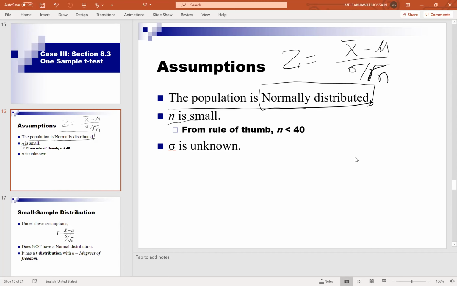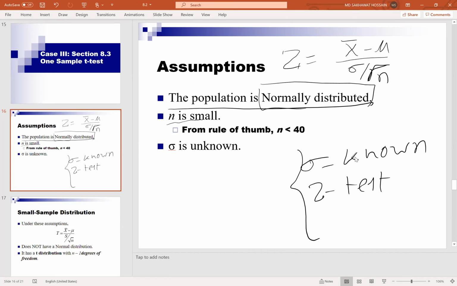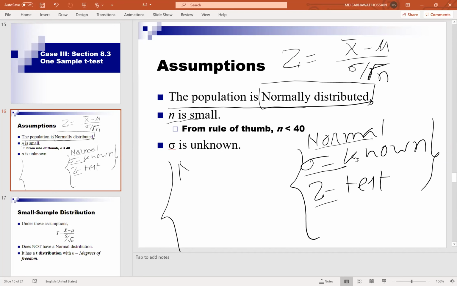Now how does the test differ actually? If sigma is known, then we'll use z-test. If the population distribution is normal and sigma is known, then you will use z-test. If the population is normal, then n doesn't matter in this case.